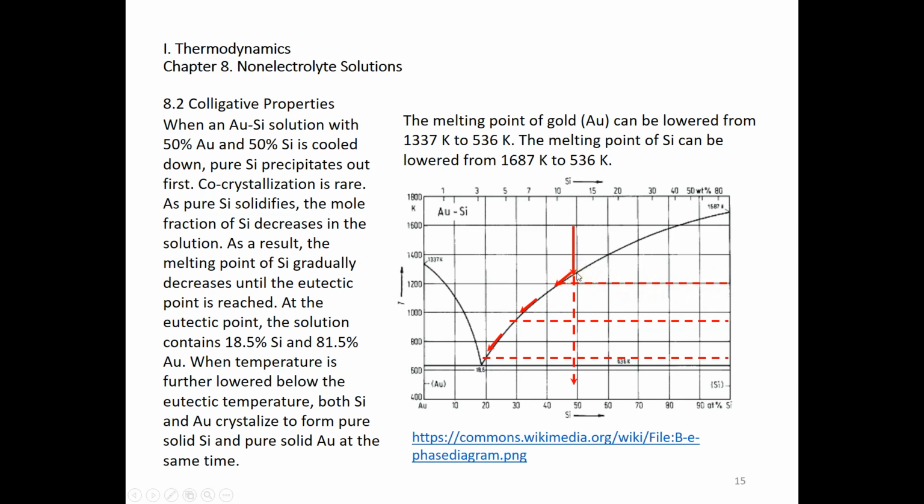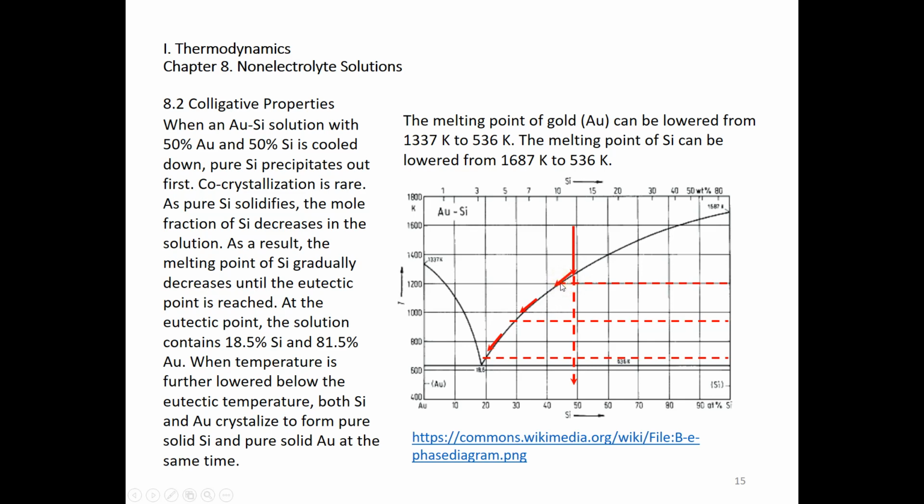And once you have 100% silicon precipitate out of the solution, you have lower mole fraction of silicon in the solution. And you have higher mole fraction for gold. Because gold stays in the solution, part of the silicon leaves the liquid phase. That's why this mole fraction will drop, for example, from here to here.